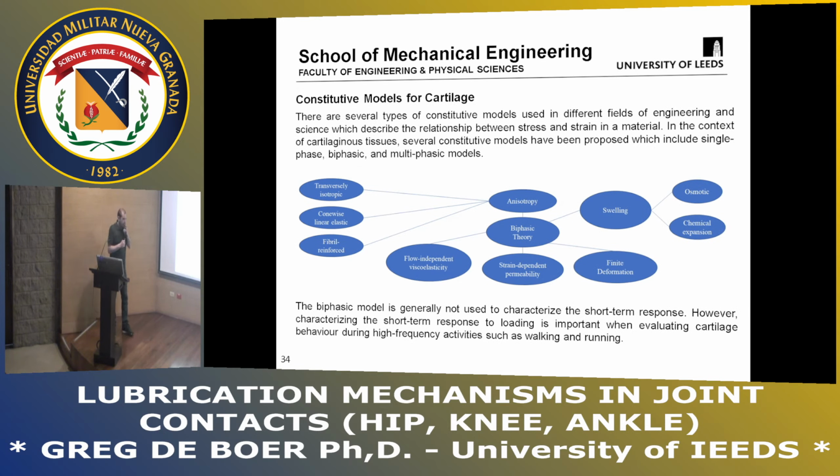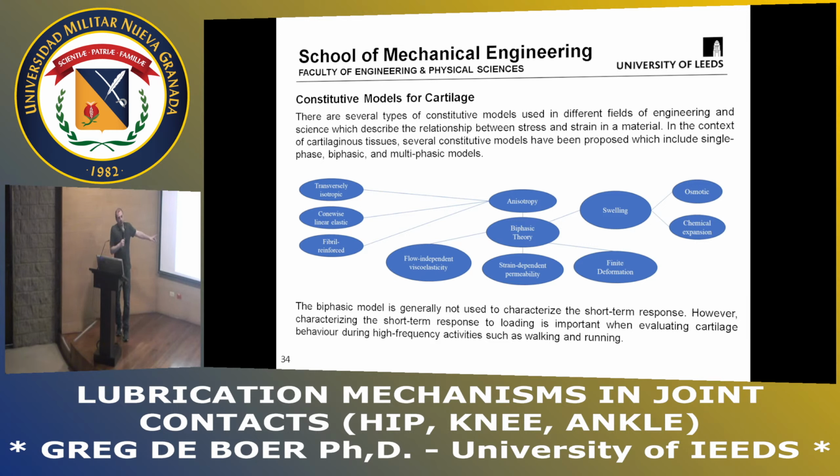Okay, so constitutive models for cartilage is a big area. There's lots of people working on this, and they work on it in very different ways, depending upon the type of time period of which you're interested in, or whether you even care about there being a fluid in there. So lots of people, when they model joints, will just assume the cartilage is a soft solid.